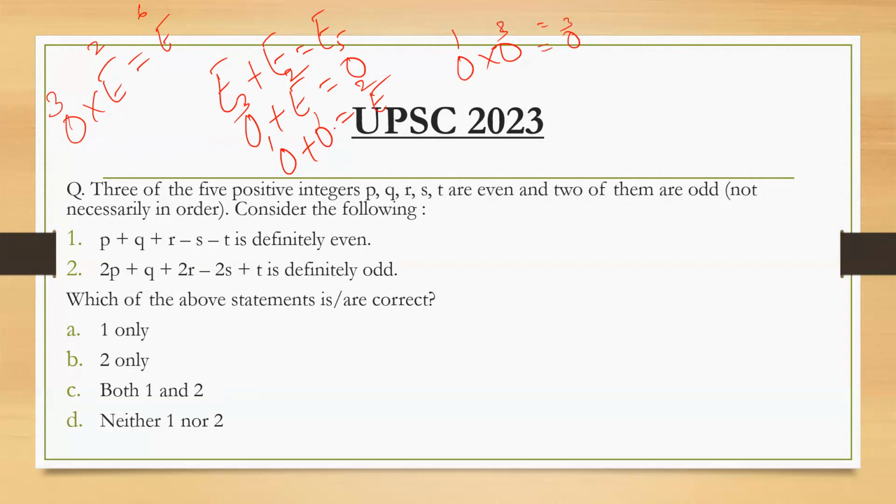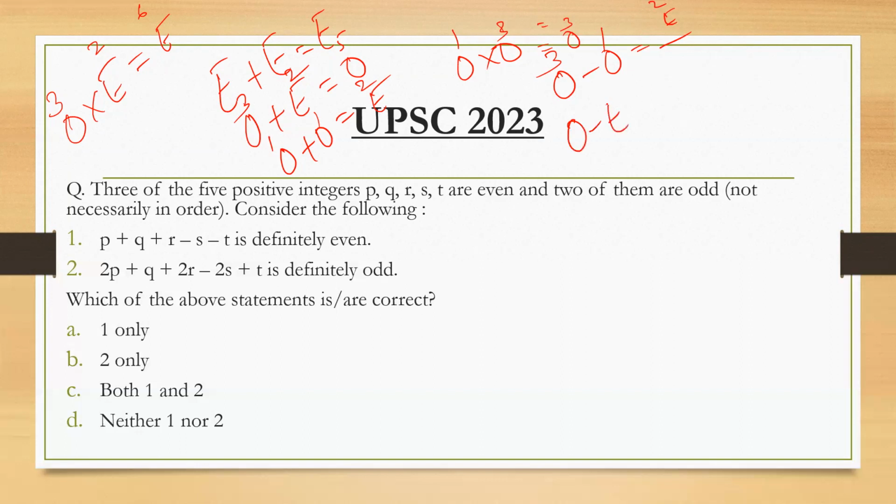Okay, the same thing you can apply for minus also. What about odd minus odd? What will you get? Just put any values here and tell me. Yes, you will get even. How? Just put values 3, 1, that means 2.